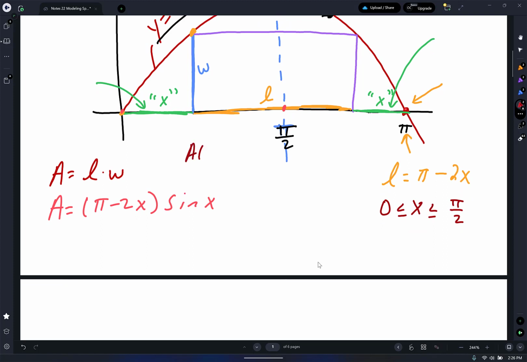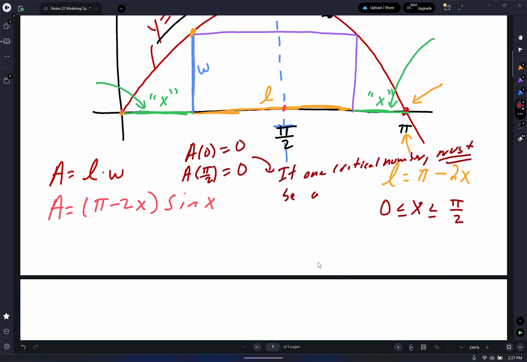Because A of 0 equals 0, and A of pi over 2 equals 0, if I get 1 critical number, it must be a max. If you get 1 critical number, it must be a max, because at the 2 extremes, I get area of 0.